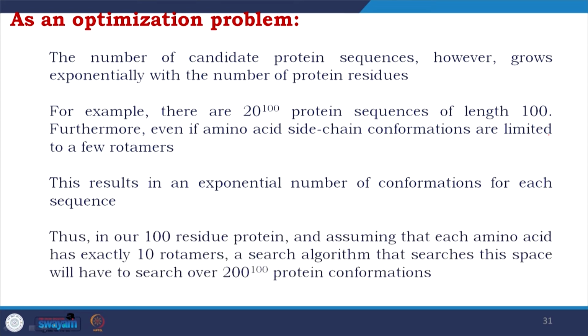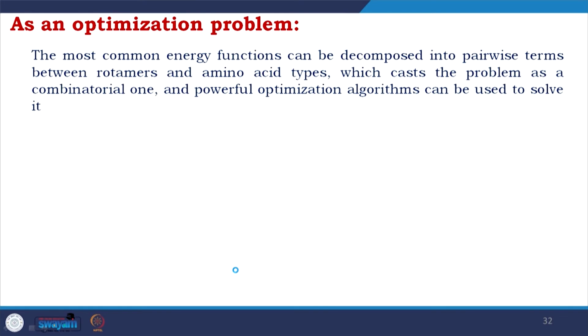Thus, in our 100 residue protein, assuming that each amino acid takes exactly 10 rotamers, a search algorithm that searches this space will have to search over 200 to the power 100 protein conformations. So, this number says what the computational challenge is.